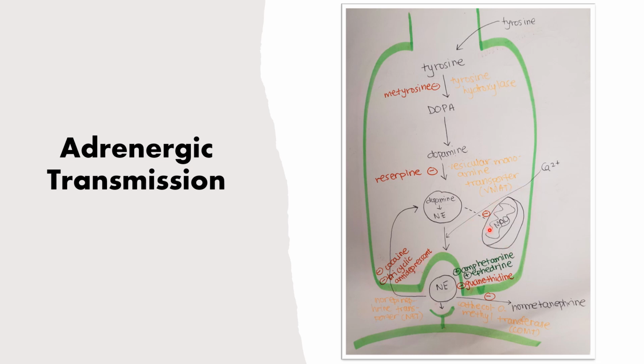Also, this is a mitochondrion. This is my best illustration of a mitochondrion. Inside mitochondria of the cells in an axon terminal, there are these chemicals. They are actually enzymes as well, called monoamine oxidase, MAO for short. They are present inside mitochondria, and they are responsible for degrading catecholamines, for example, norepinephrine, epinephrine, serotonin, and dopamine.